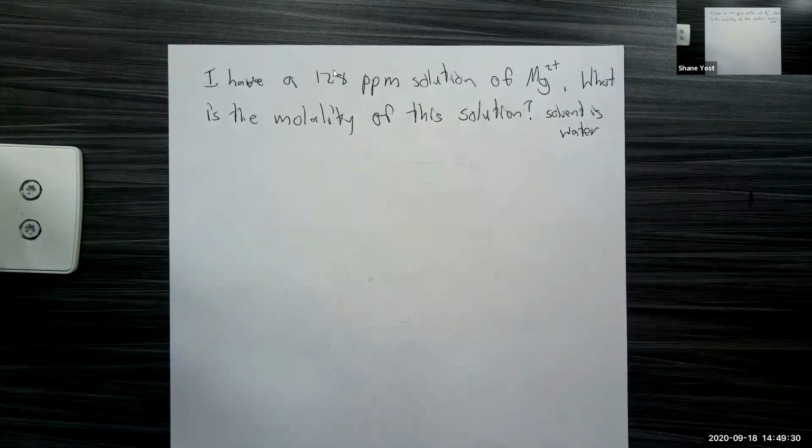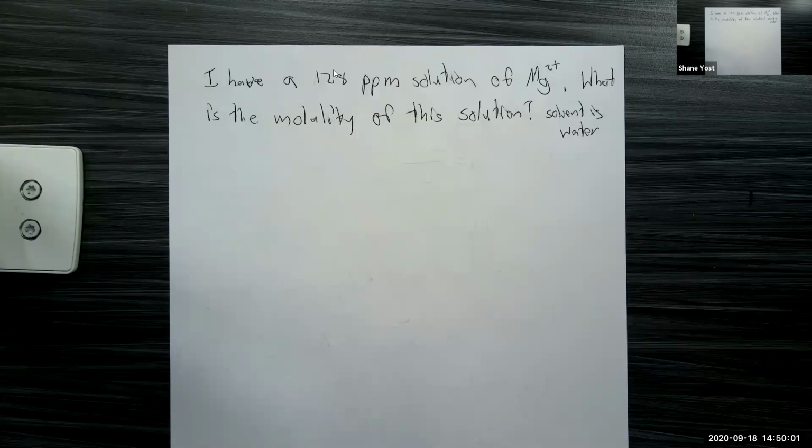I typically try to say what the solvent is in a problem on an exam, but I can't guarantee it off the top of my head. If the solvent is not given, you can assume it's water.